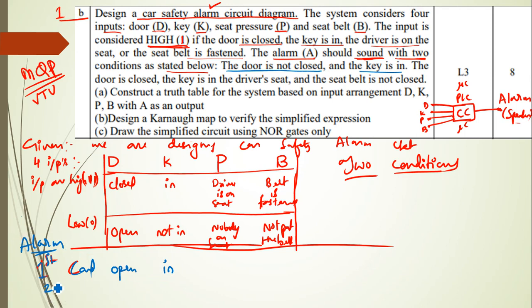And the second condition is what? Second condition is the door is closed, the key is in the driver's seat and the seat belt is not closed.